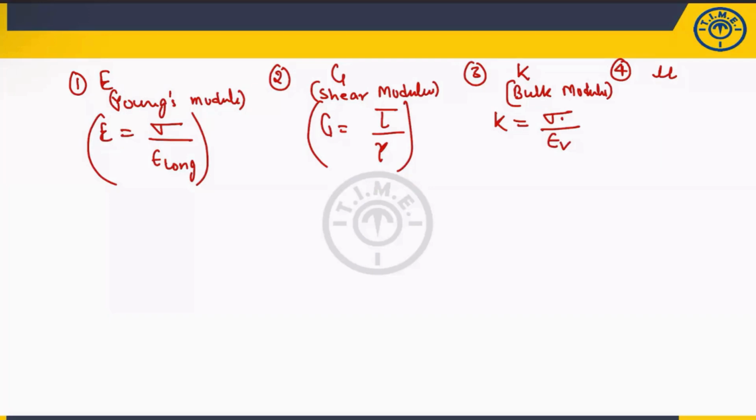Basically, the bulk modulus is used to calculate the volumetric strain. Hydrostatic means the stress acting in all three dimensions is the same. For example, if you take a steel ball and dip it in water, from all sides only the pressure is active. Hydro means water. From all sides the stress is the same. That is called hydrostatic.